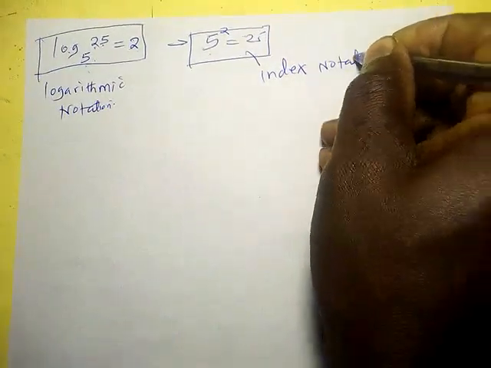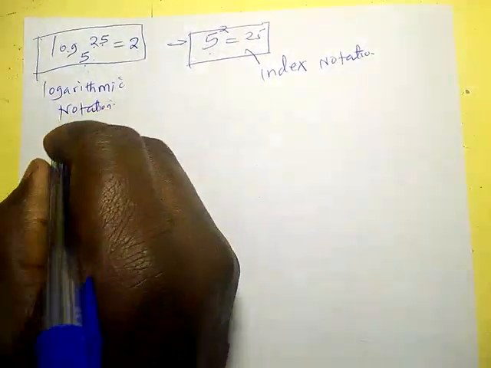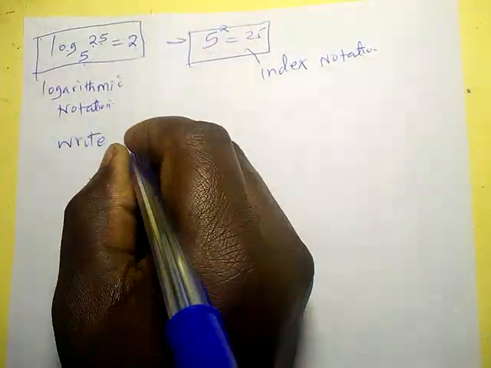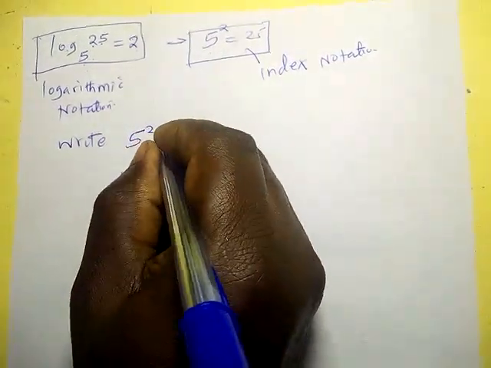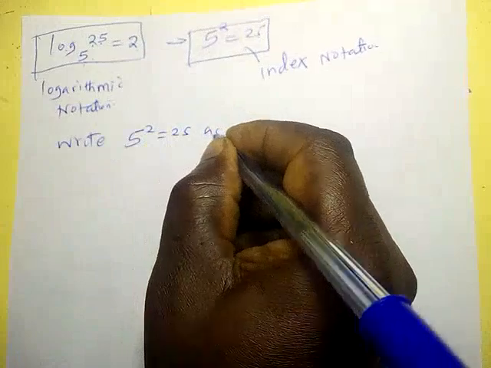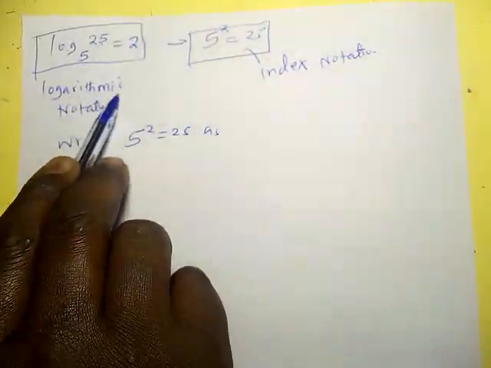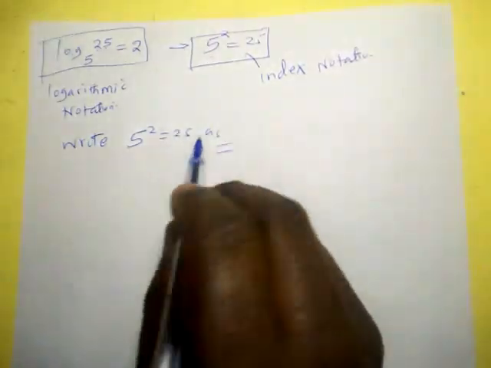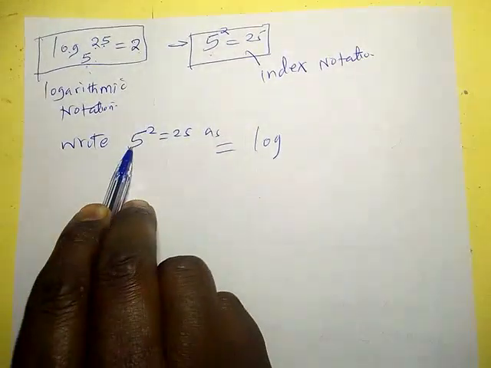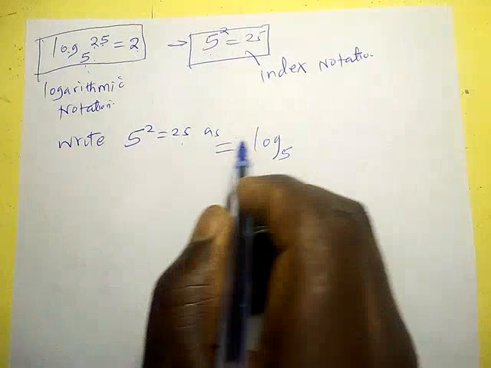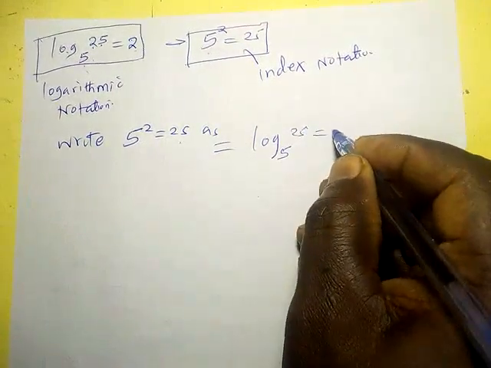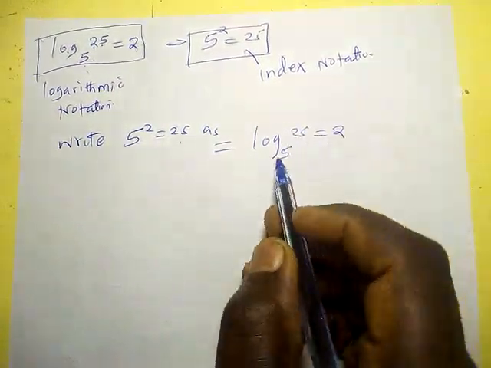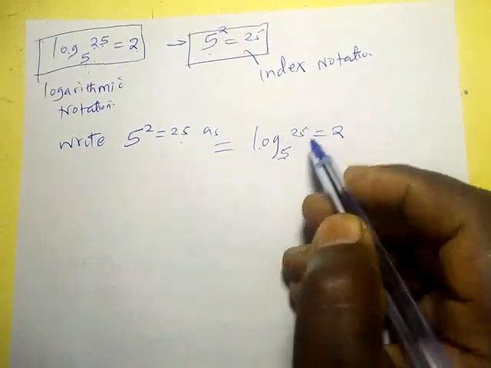So you will be asked, write 5 squared equal to 25 in logarithmic notation. So you introduce a log, the base is 5, the answer is 25, and the power is 2. So the logarithm of 25 to base 5, the answer is 2.